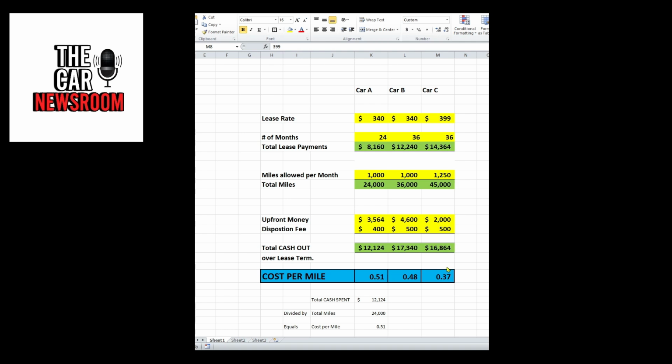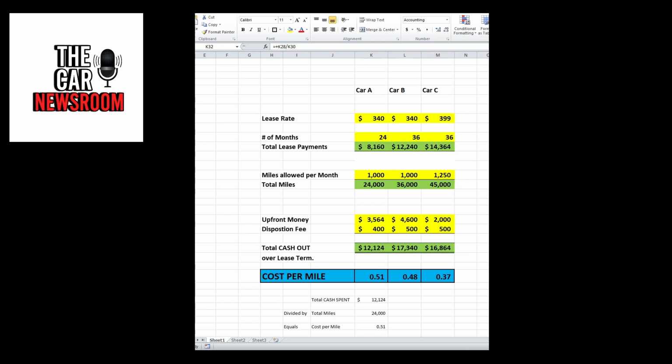So obviously, you can play around with this model. If you don't have this model, that's fine. All you're doing, again, if you look down here, is total cash spent divided by total miles, and that'll give you your cost per mile. So you can just write that down if you need to. So that's how you can compare.